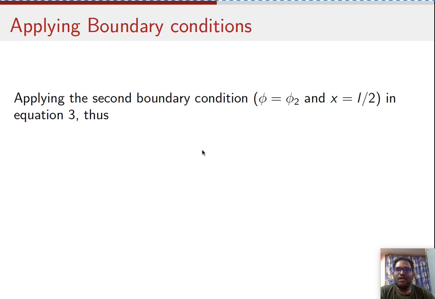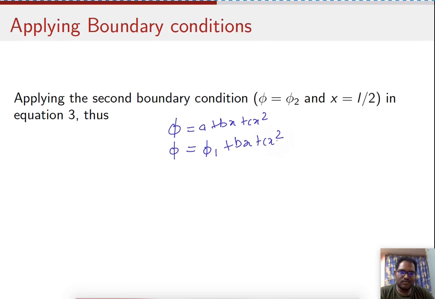Right. Next we are going to go for the next boundary condition: phi is equal to phi 2 and x is equal to L by 2. As usual, we repeat what we did in the previous step. The characteristic equation will be considered: phi is equal to a plus bx plus cx square. We have modified this, we know the value of a. So phi is equal to phi 1 plus bx plus cx square.